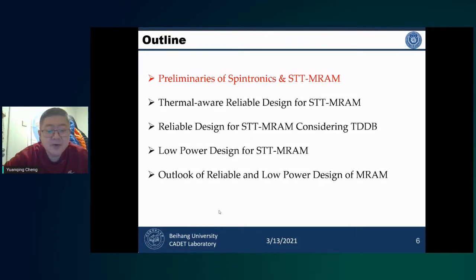After that, I will introduce my research work on the reliable and low power design for STT-MRAM in the past several years in different aspects. Finally, I will have an outlook of reliable and low power design for STT-MRAM.